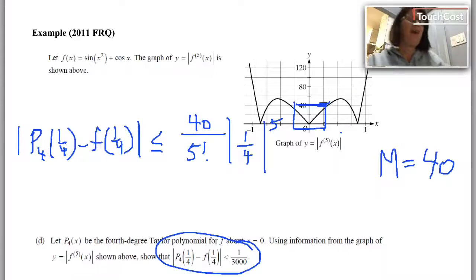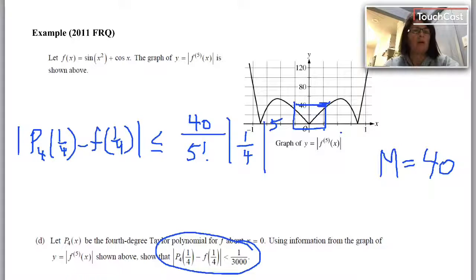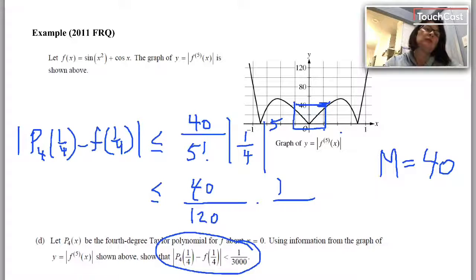Okay, so all I have to do is enough math to convince myself that that expression is less than or equal to, what I'm going to have here, 40 over 120 times 1 over 4 to the 4th is 256, 256 times another 4, because I have 1/4 to the 5th.